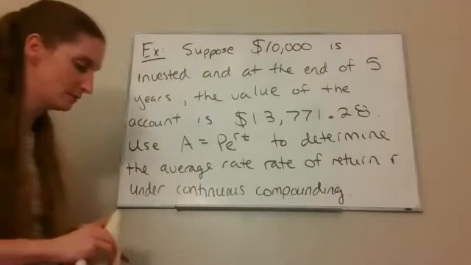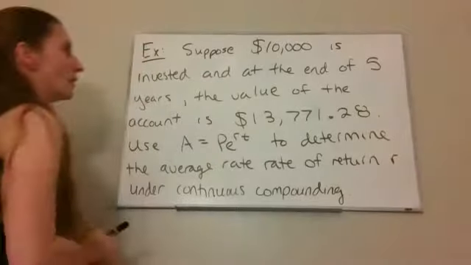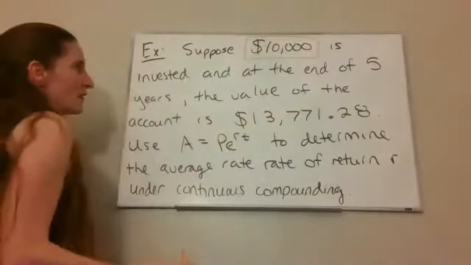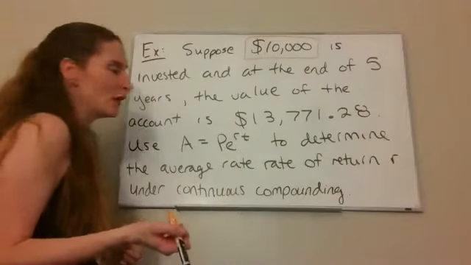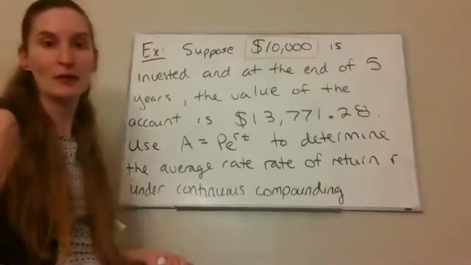our interest rate. So when I look at this problem, the first number I come across is 10,000. And where would that 10,000 go? Well, remember from when we talked about this before, what we put in this P spot is the original amount that we're investing.